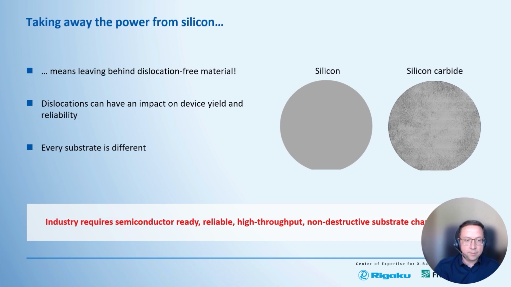In the silicon carbide community, if you're growing silicon carbide crystals and making wafers out of them, it turns out that we have a huge variation of different quality levels. That means nearly every substrate is a little bit different.